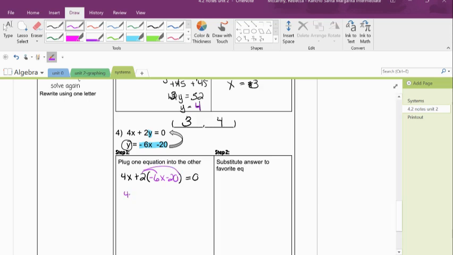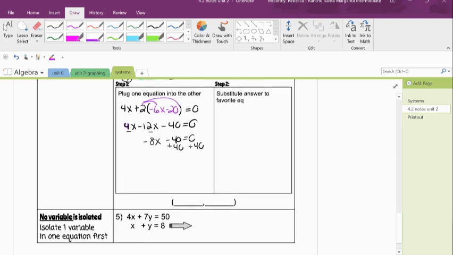So I get 4x minus 12x minus 40 is equal to 0. Combine my like terms, and now I'm going to add 40 to both sides. And that goes away, and I get negative 8x equals 40. I'm going to divide by negative 8, and x is equal to negative 5.